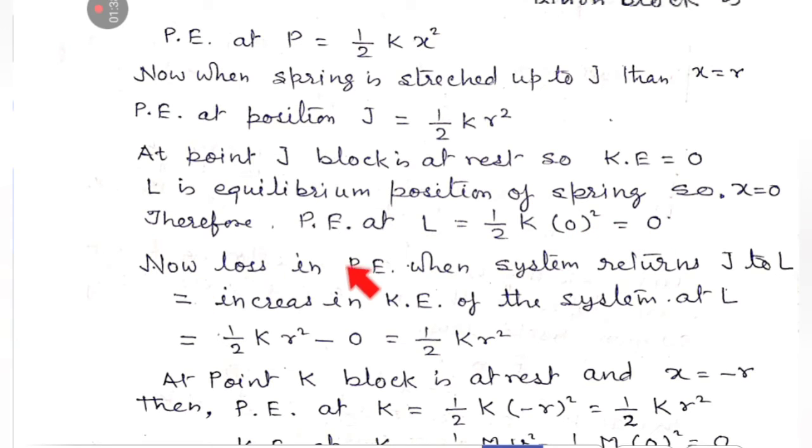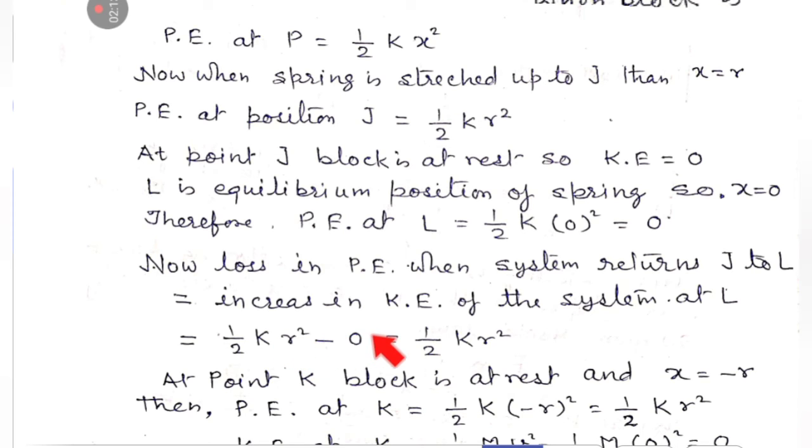Now the loss in potential energy when the system returns from J to L is equal to the increase in the kinetic energy of the system at L. Thus potential energy at J minus potential energy at L gives the loss in potential energy.